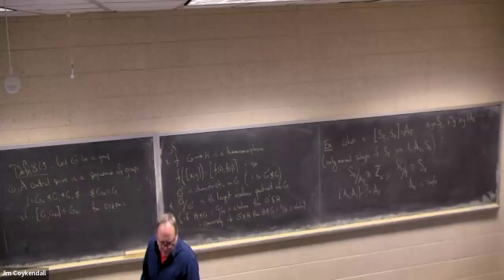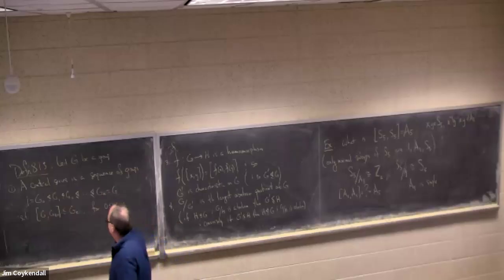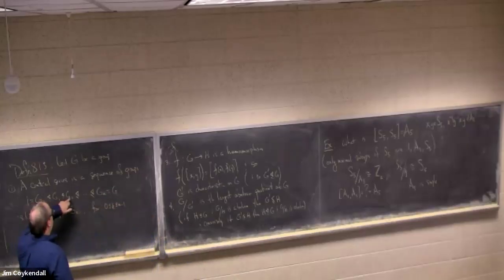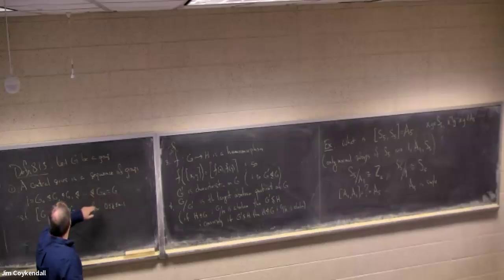So we say it's a central series if you have this ascending staircase of normal groups.